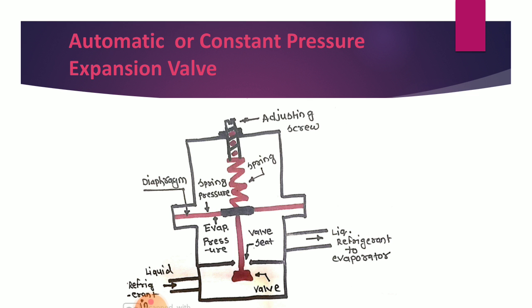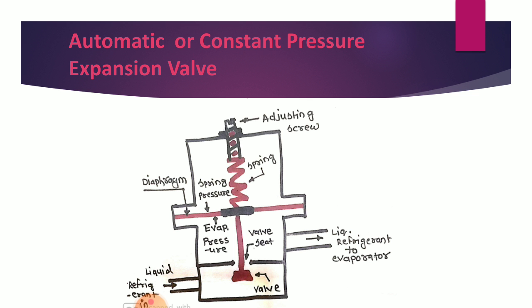In this way, in both conditions, when the pressure increases beyond the design pressure and when it reduces below the design pressure, we maintain the constant pressure of the evaporator by controlling the flow of refrigerant according to the load on the evaporator. When the compressor is stopped, the liquid refrigerant continues to flow into the evaporator and increases the pressure in the evaporator.